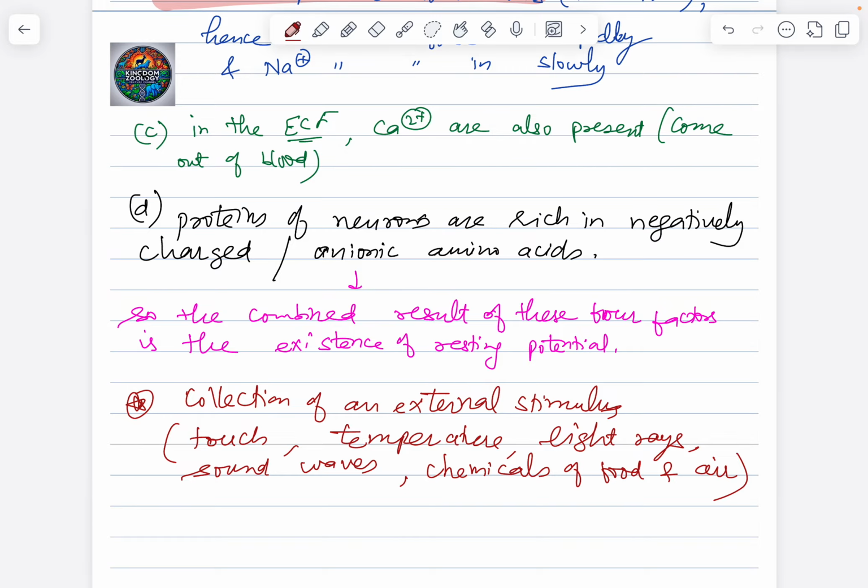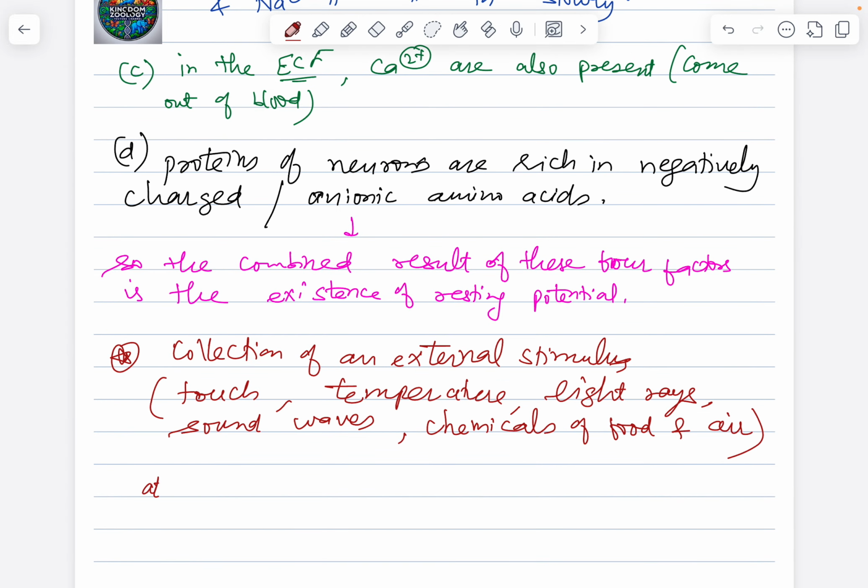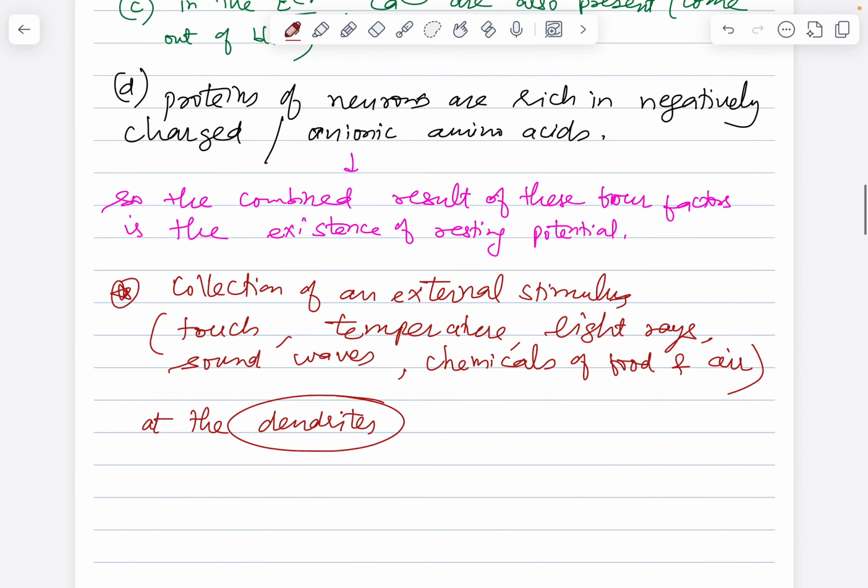So chemicals also act as what? External stimulus. So collection of an external stimulus at which part of the neuron? Dendrites. Collection of an external stimulus at the dendrites triggers opening of sodium ion channels. What exactly are sodium ion channels?